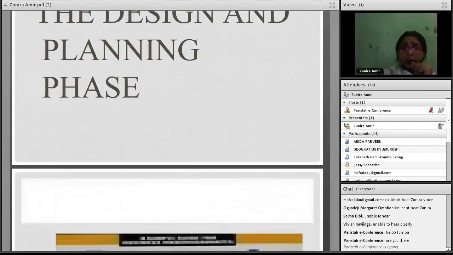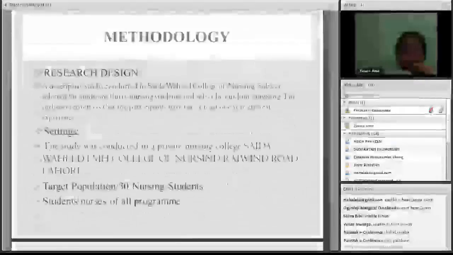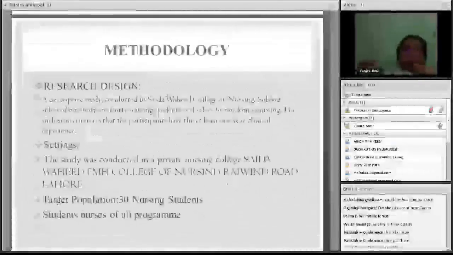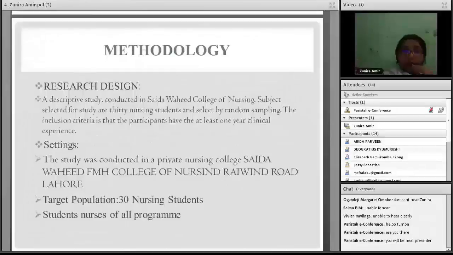Second is the design and methodology. My research design is descriptive, conducted in the College of Nursing. The study is among 30 students, and a random sample was selected. Participants have at least one year of clinical experience. The setting is a private sector College of Nursing.